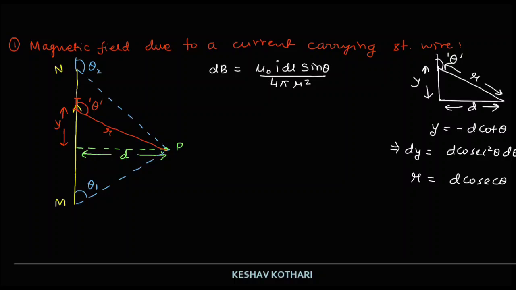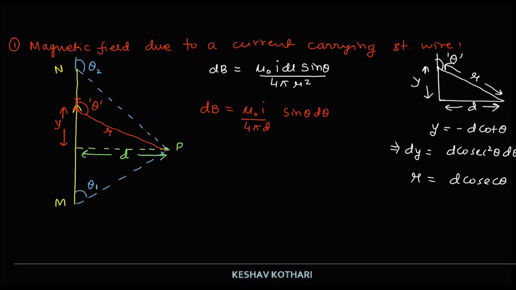If we substitute these values in this expression, the value of dB will be reduced to mu naught I upon 4 pi d sin theta d theta.